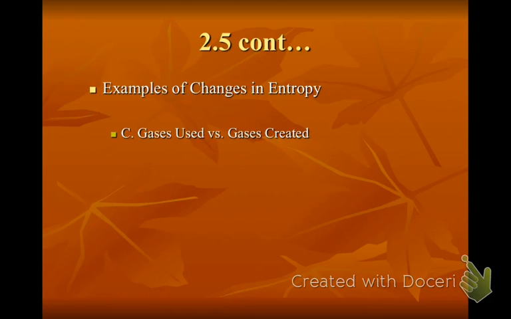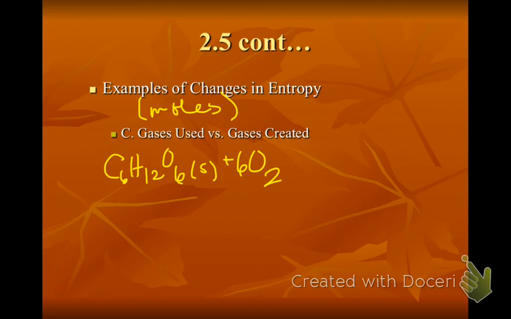And the final thing you can do to predict changes in entropy is look at the number of gases used in the reactants versus gases created in the products. So that would be moles of gas. So for example, let's say that we're going to take some glucose, which is a solid, and we're going to react it with 6 moles of oxygen gas.